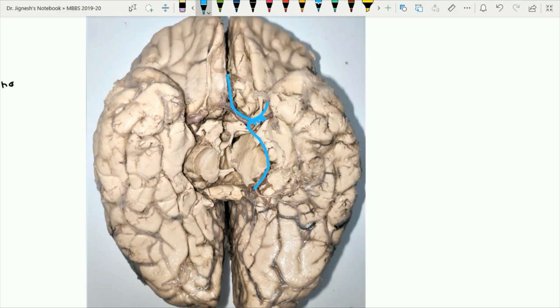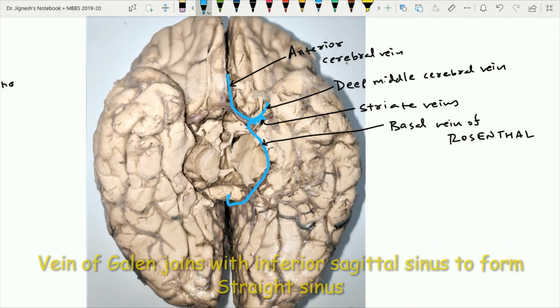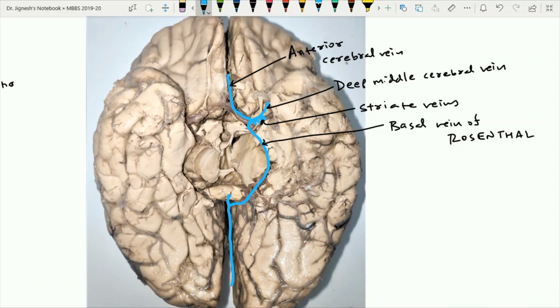This basal vein is called the basal vein of Rosenthal. And this basal vein of Rosenthal drains into the great cerebral vein, and this joins to form one straight sinus, which on the left side continues with the transverse sinus.